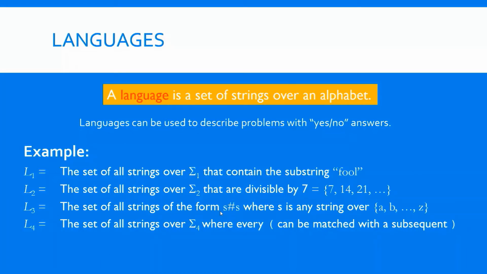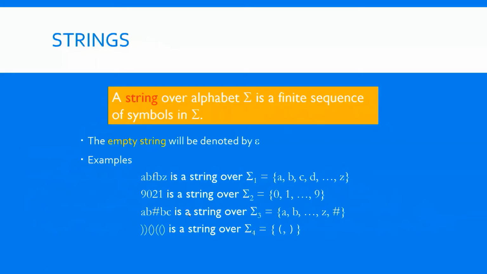So this is one problem. Another problem is the set of all strings over sigma 4, where every left parenthesis can be matched with a subsequent right parenthesis. What is sigma 4? Here we have taken only two symbols as the alphabet, left parenthesis and right parenthesis. So this is one example.